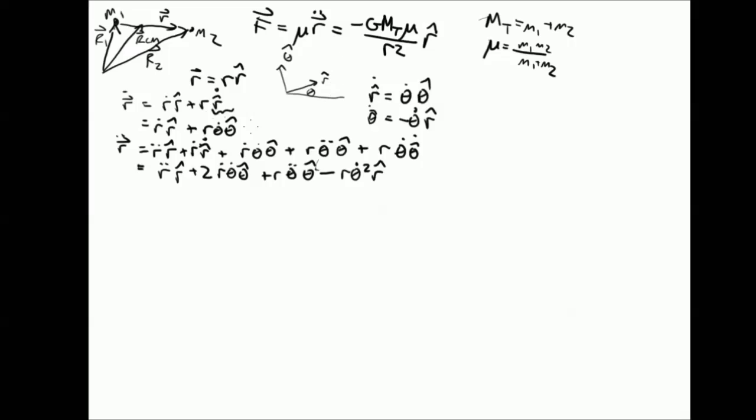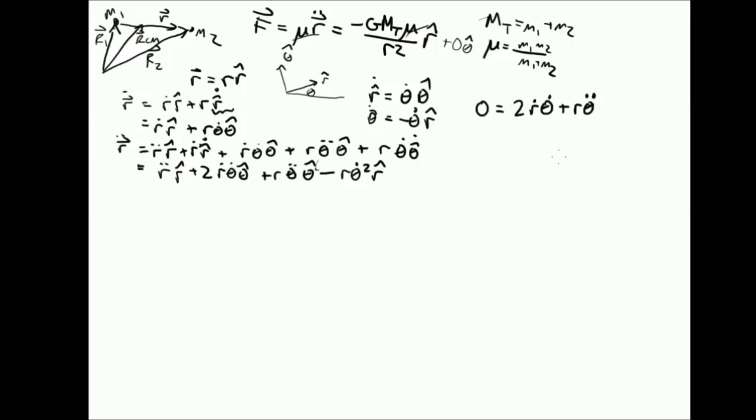Right, okay, so first of all we're going to cancel these mu's. If you take this expression for r double dot and compare it to this side, you'll realize that the theta hat terms are going to collect, and these theta hat terms are going to be equal to 0, because this side is like plus 0 theta hat. So that means we have 0 is equal to 2 r dot theta dot plus r theta double dot.